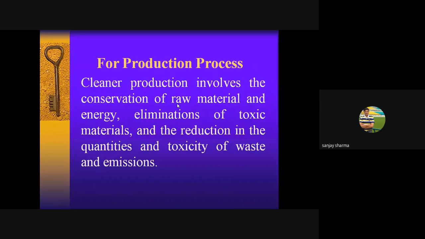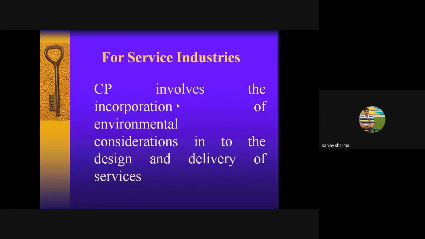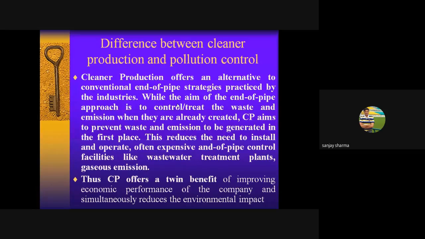For the production process, cleaner production involves the conservation of raw material and energy, elimination of toxic materials, and reduction in the quantities and toxicity of waste and emissions. For service industries, this involves the incorporation of environmental considerations into the design and delivery of services. If you want to differentiate between cleaner production and pollution control, cleaner production offers an alternative to the conventional end-of-pipe strategies practiced by industries.